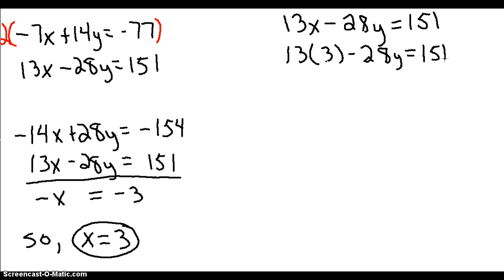Now we just do the math from here. We know that 13 times 3 is 39. And now we're going to subtract 39 from both sides.